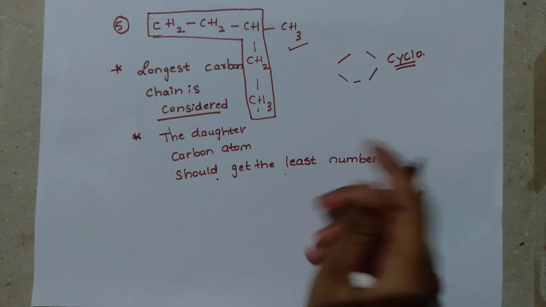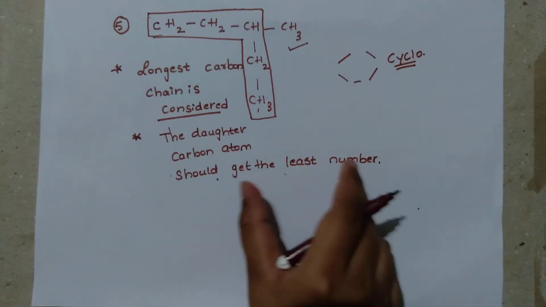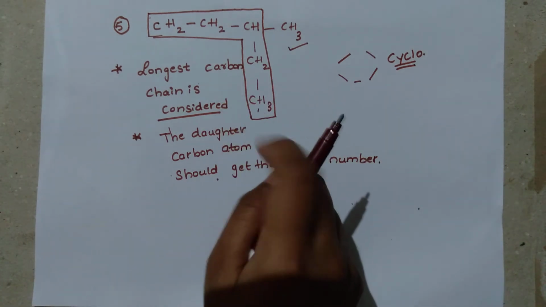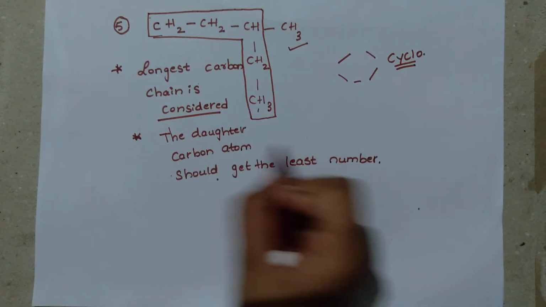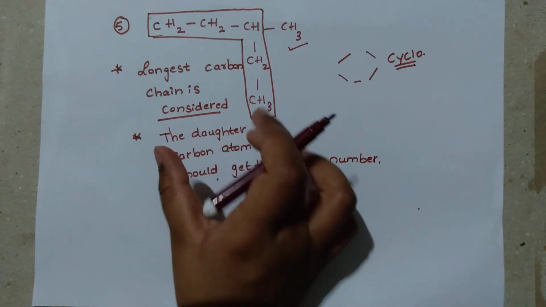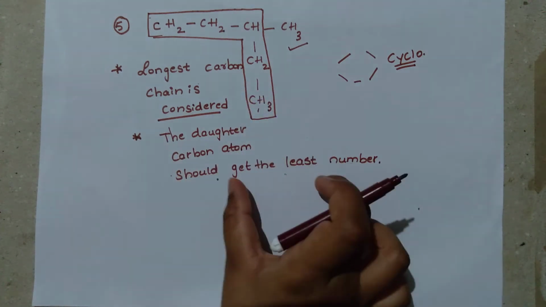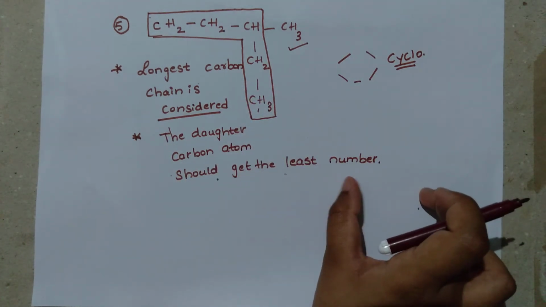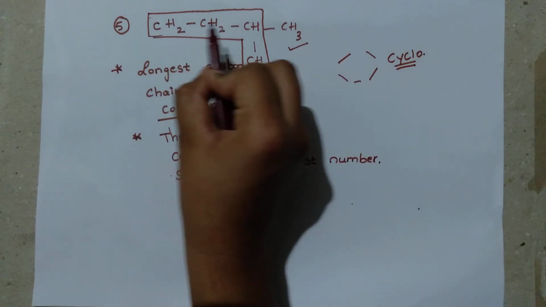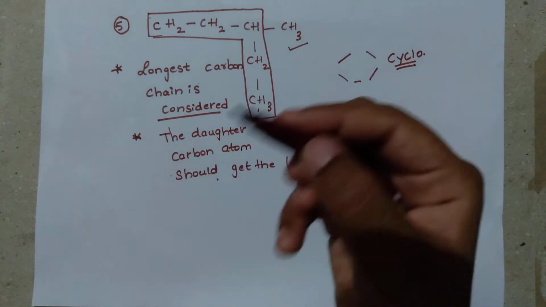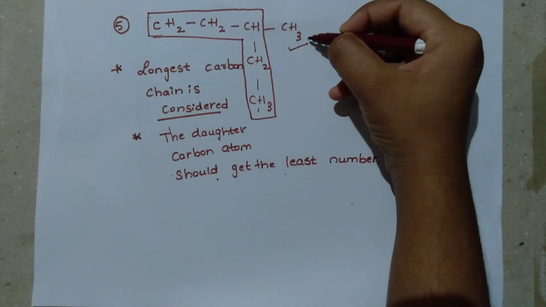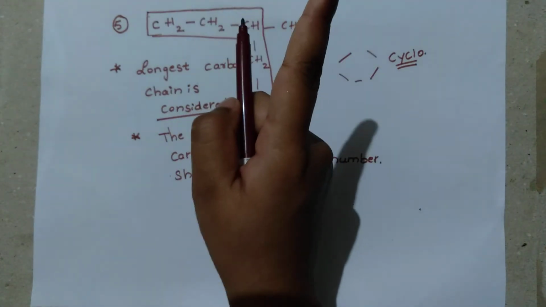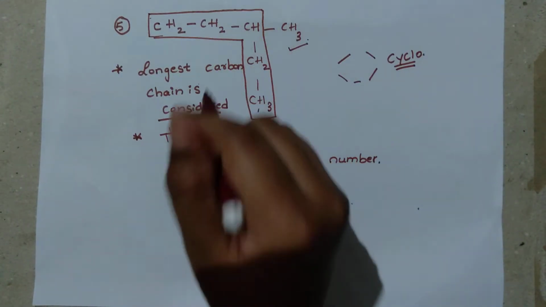So friends, this is the most important point that you have to remember in your mind. That's why I am writing it on paper. So the daughter carbon atom should get the least number. We have to choose the longest carbon chain such that the daughter carbon atom gets the least number.